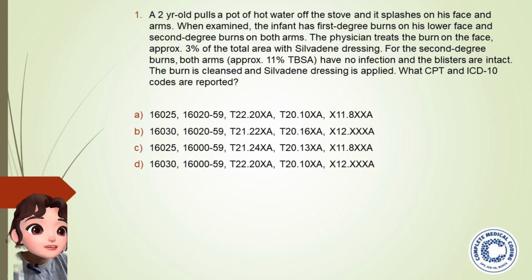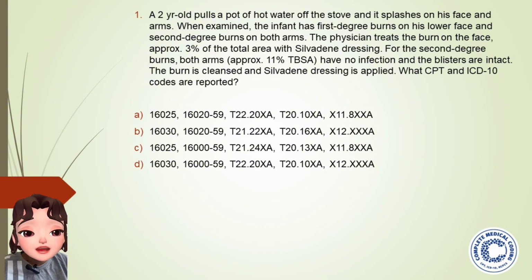Among the 4 options, only 2 X codes are mentioned. Of these, the first one, X11.8XXA, represents tap water, but in our question there is no tap water mentioned. It's just a pot of hot water.